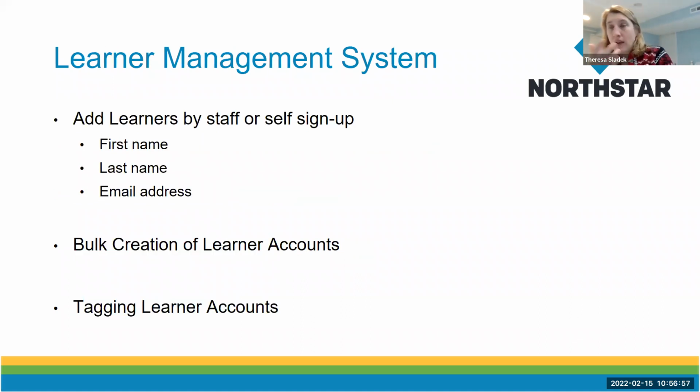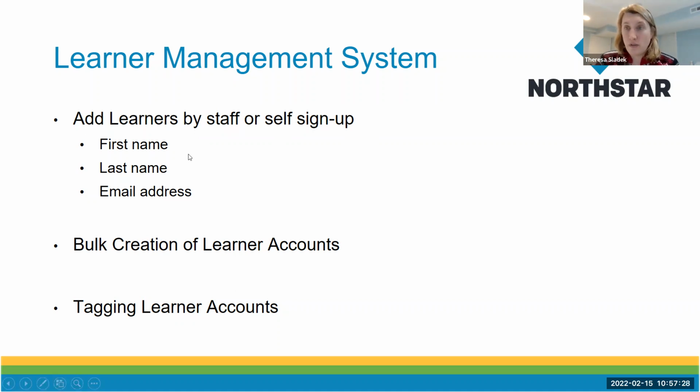So I mentioned that in order to have this dashboard, we have created this learner management system. Adding learners is very easy. You can either have staff add them, or you can allow them to self-sign up, keeping in mind that some of Northstar is directed at people who don't yet have these skills. So some people would need help signing up because they don't have the skills to do it on their own.